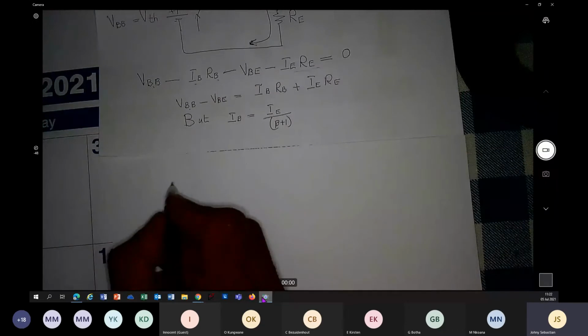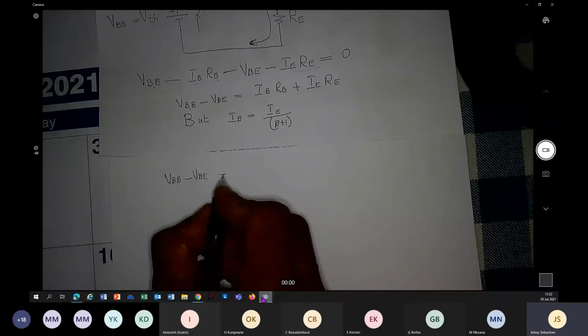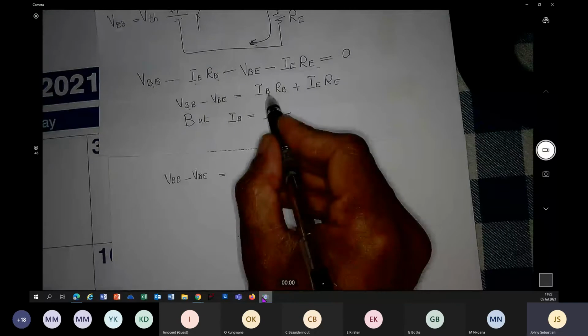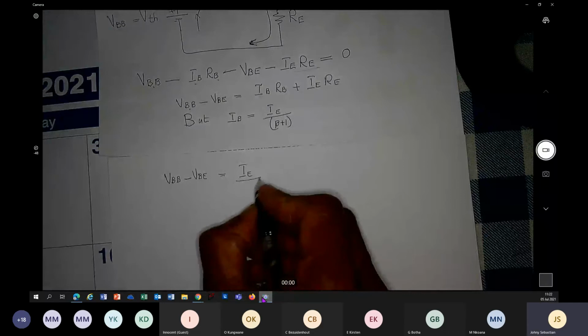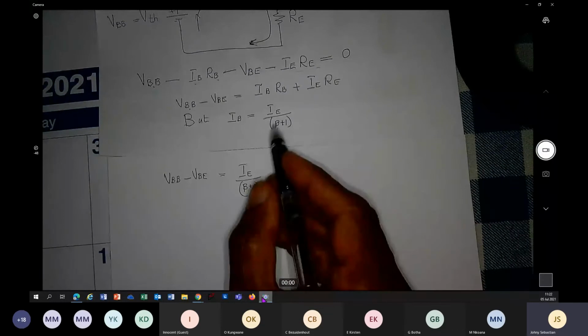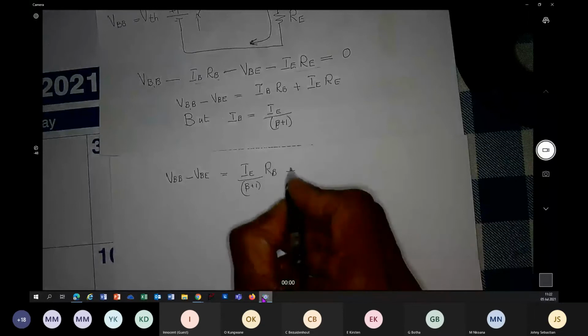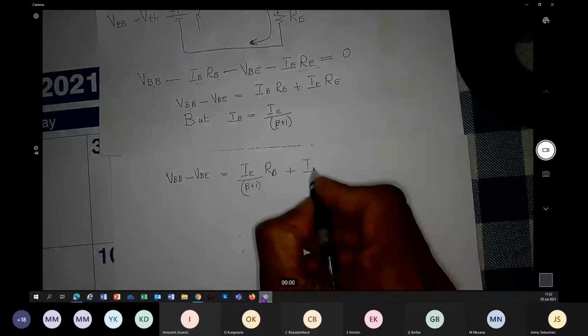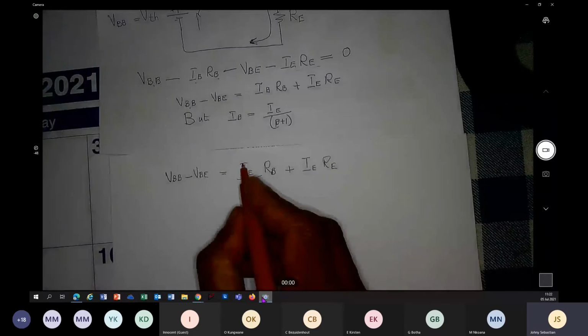Let's replace. Left-hand side remains the same. On the right-hand side, I am going to replace IB with IE over beta plus 1. So IB is replaced, but we have an RB as well. Now we have a common factor on the right-hand side, IE.